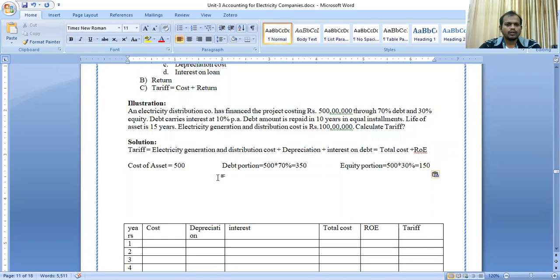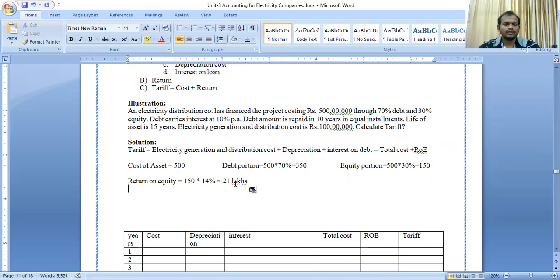So a return on equity. There is no confused information given in the illustration relating to the equity portion. So straight away we can calculate the return on equity at the rate of 14% as per the regulation. So it comes around 21 lakhs.